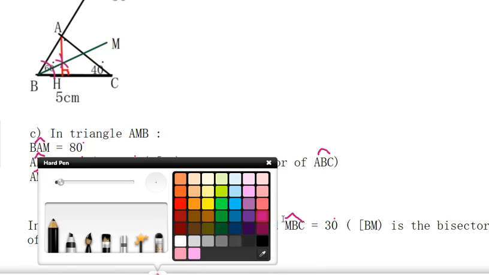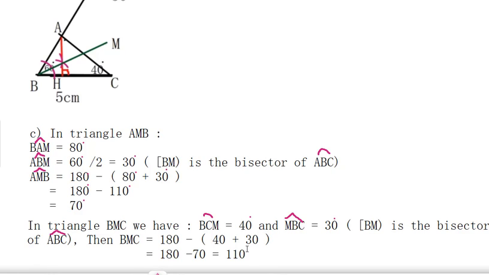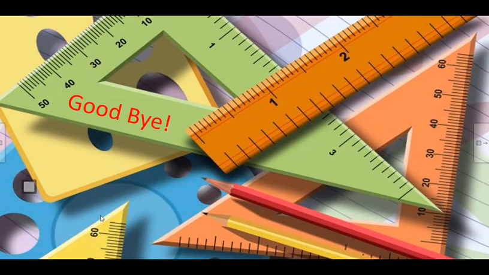And by this, we found all the angles of these two triangles. Don't forget, in each triangle, I have 3 angles. Okay, so I'm done. And by this, we finished solving the exercise.